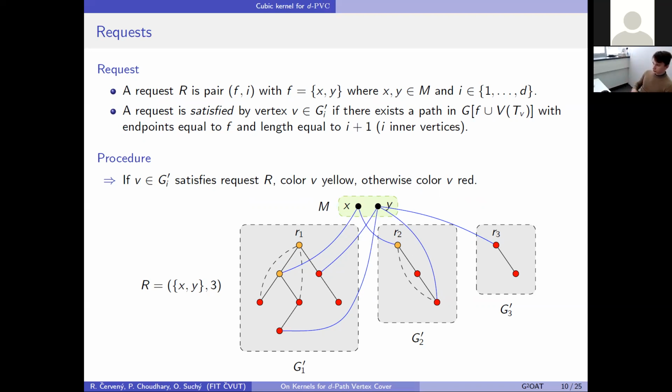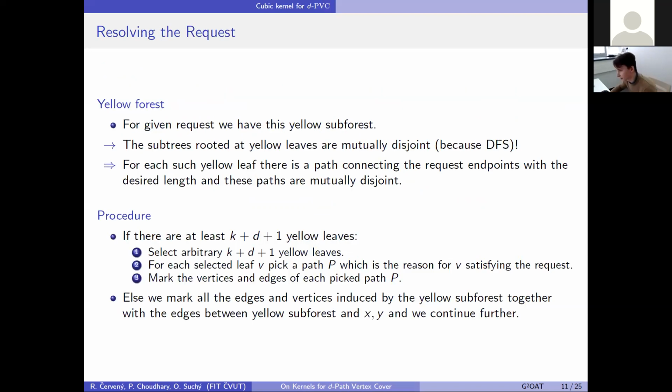Okay, so once we do this, we pick a request and we do this coloring. And once we have this coloring, we will study the yellow forest that we have just created. One observation about the forest is that if you look at the yellow leaves of the forest, then the subtrees rooted at those yellow leaves are mutually disjoint.